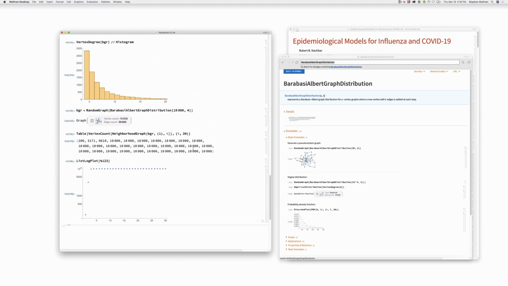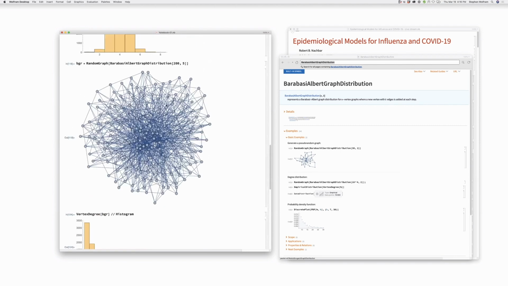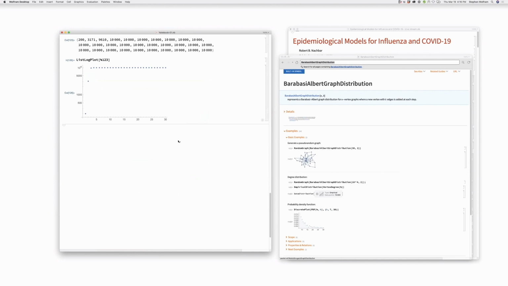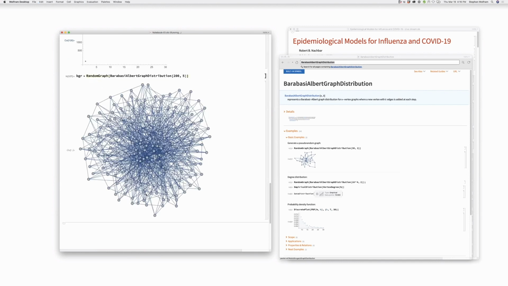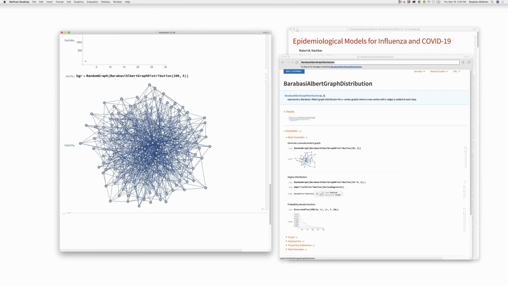Well, so in other words, you're saying that there are folks who spread. I mean, if we look at this version of the graph, we could explicitly look at spreading down here. So if we look at this and we just say highlight graph of that neighborhood graph, at 1, 3.